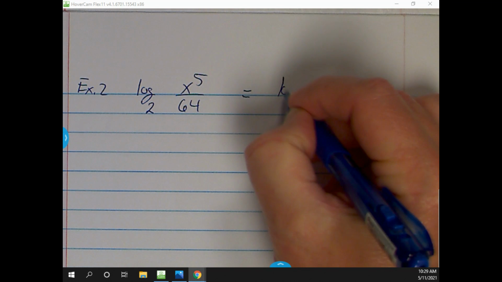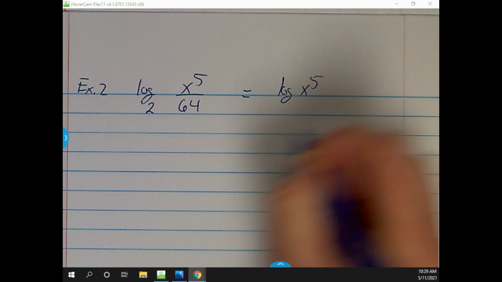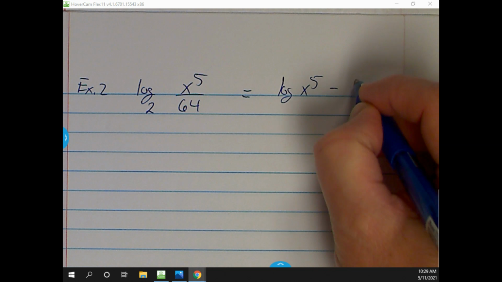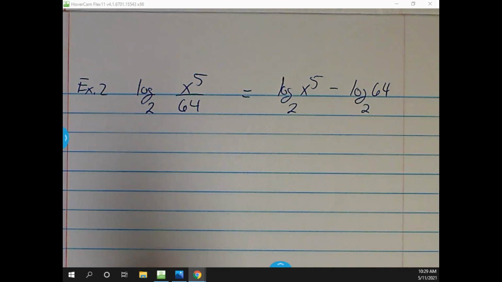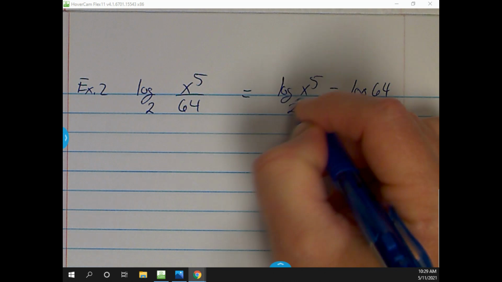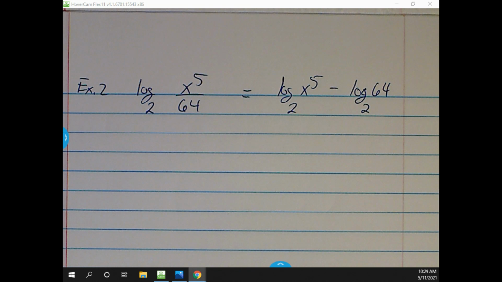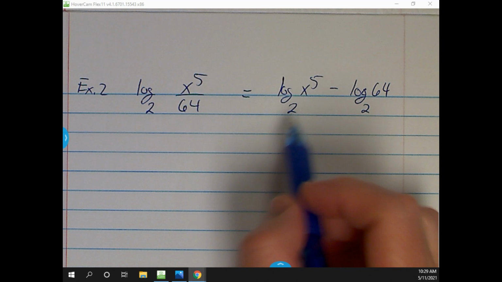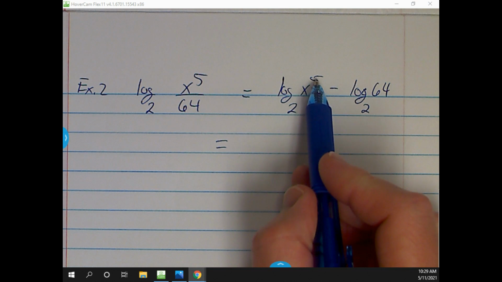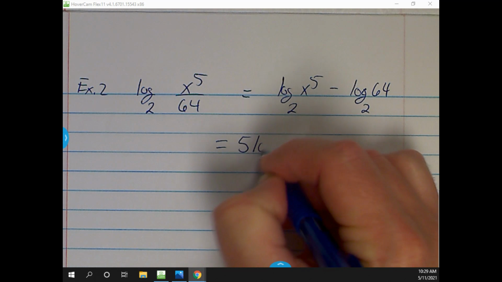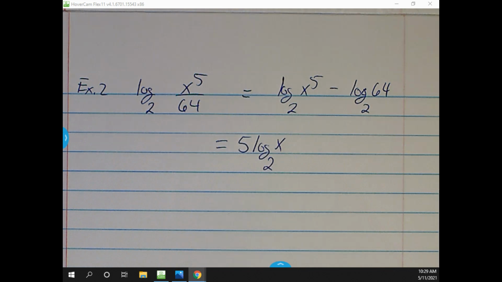We're going to do the log of x to the 5th, because it's divided, that's going to be minus the log of 64, and they're both base 2. All right, and with this one, we've got the log of x to the fifth. This is your power property, so you can take the 5 that's here, move it out front, so you can make it 5 times the log of x, base 2.